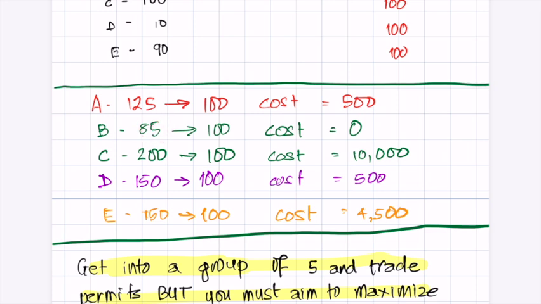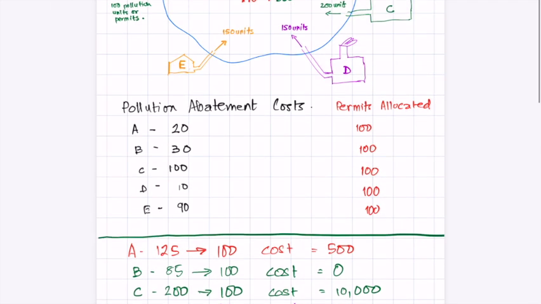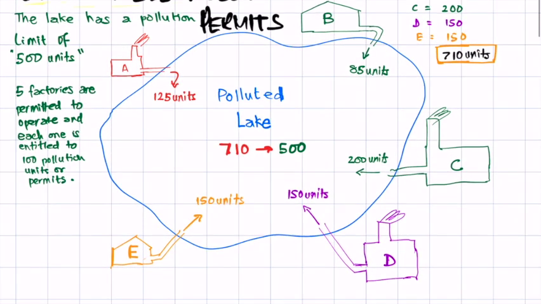B could stay at 85 because it's within the level allocated of 100. Cost to do that would be 0. C needs to move from 200 to 100 with a high abatement cost of 100, so the total cost for C will be 10,000. D, total cost 500, and E, total cost 4,500.